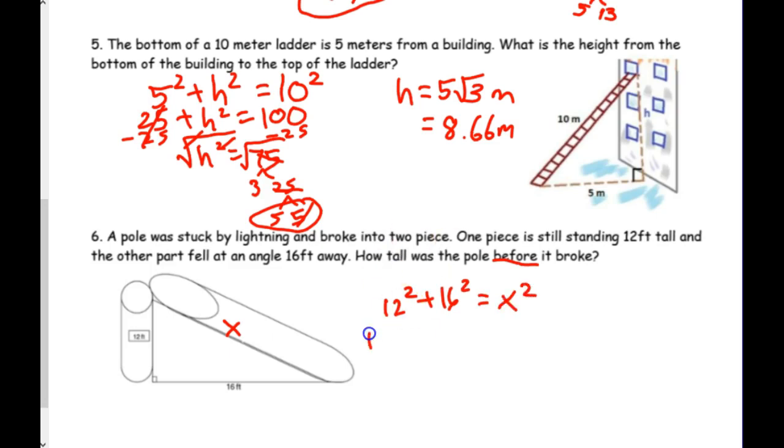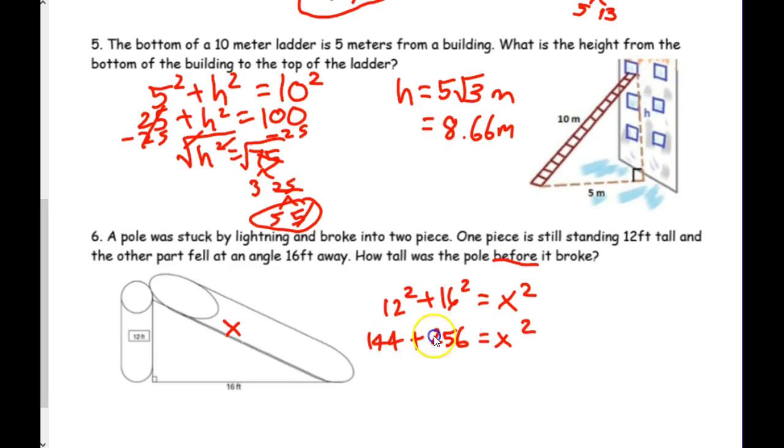12 squared is 144. 16 squared is 256. Equals x squared.